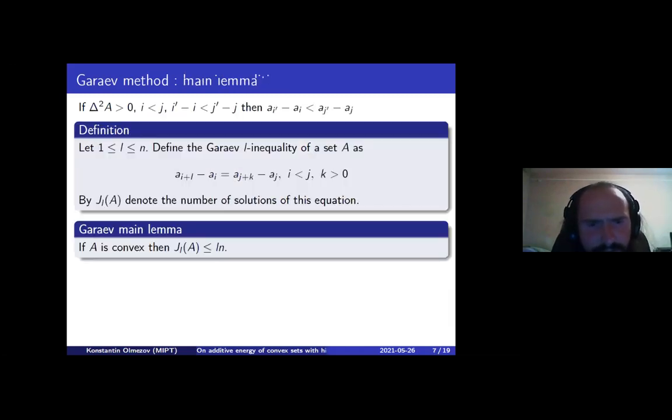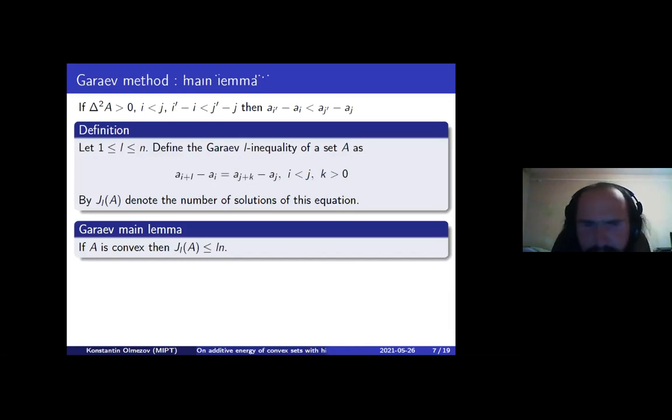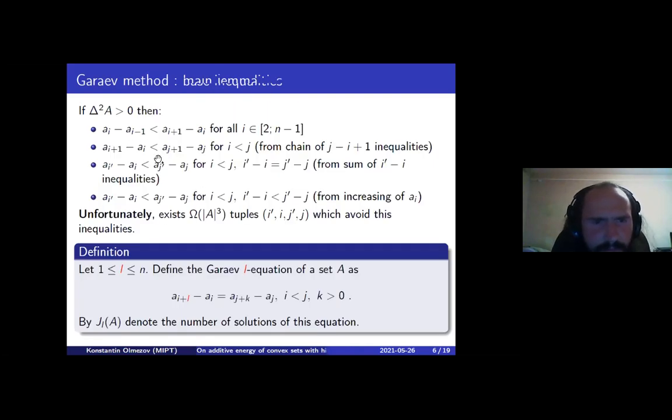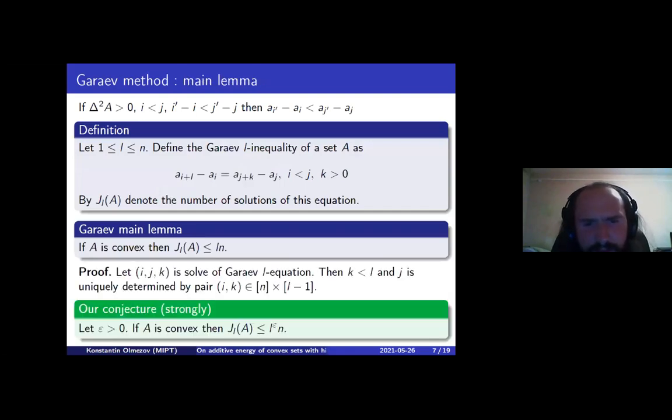Garayev's bound is L n, and it is proved trivially by a chain of inequalities on this slide. We think that it is not the best bound, and it is possible to improve it.